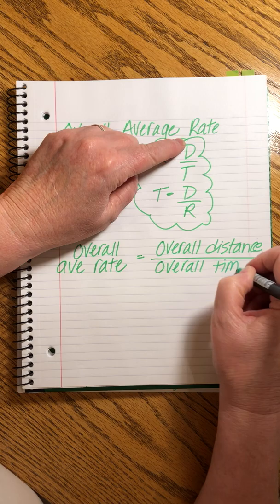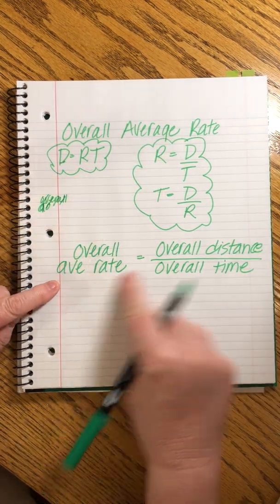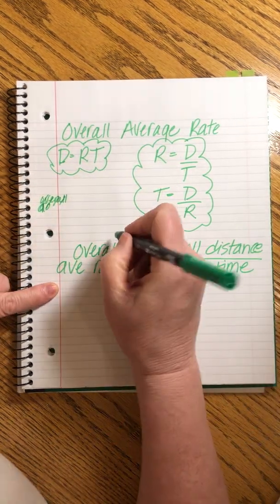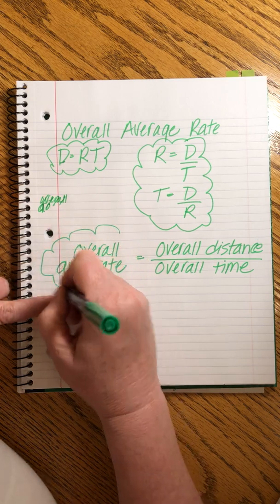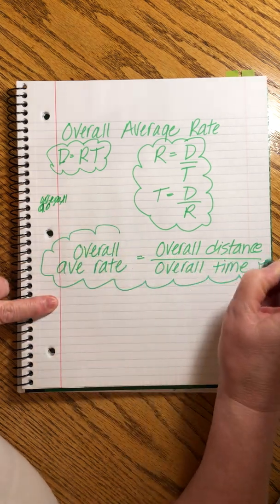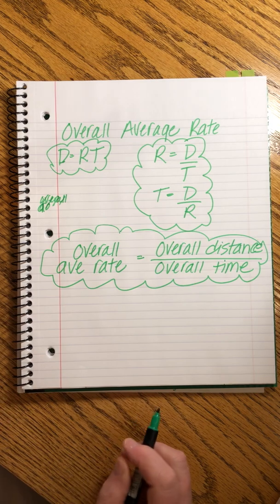Now, that is just taking this and adding overall to every word, but it's going to become quite useful in doing these problems when we start to get turned on our heads, right? All right, let's try one.